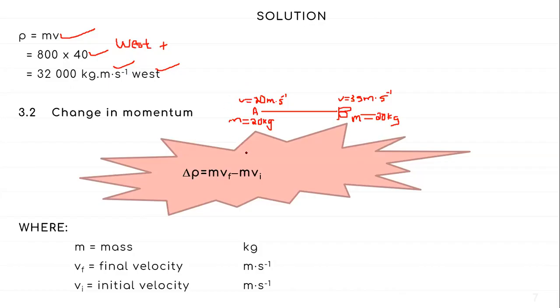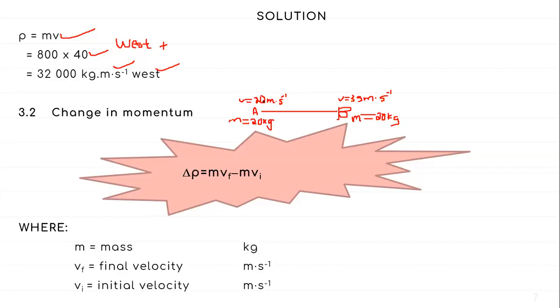You can definitely see that when the object is here, the product of the mass and the velocity, which is momentum, is 20 multiplied by 20, which will give you a certain value. But when you get to this point, the mass is still 20, but the velocity is 35 meters per second. So the product will be bigger than the product at A. In other words, the momentum at B will be larger than the momentum at A.